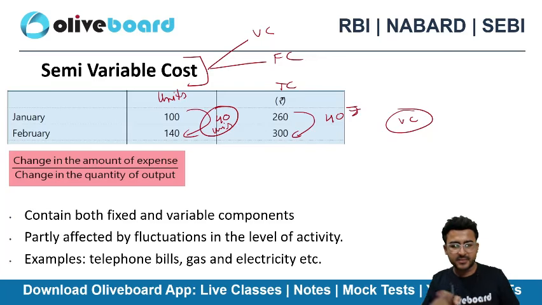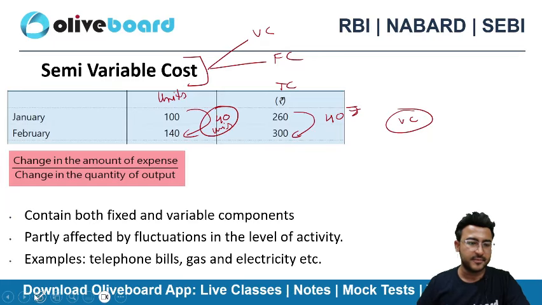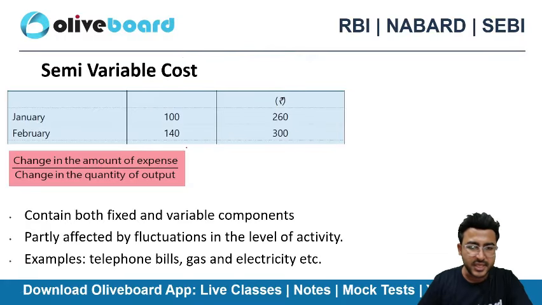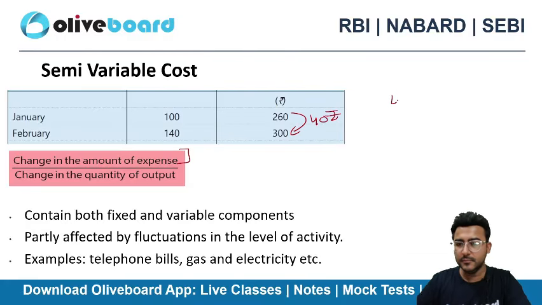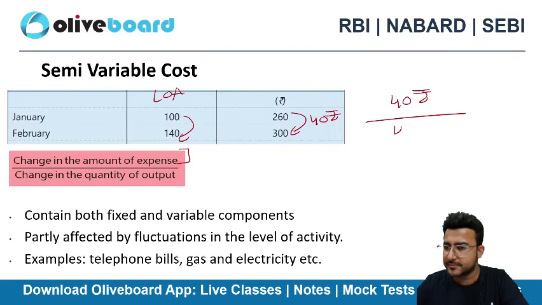So whatever change is being driven, it is totally driven because of variable cost, right? So can I say that change in the amount of expense, 40 rupees, divided by change in the level of activity, 40 units, will give me the variable cost per unit.